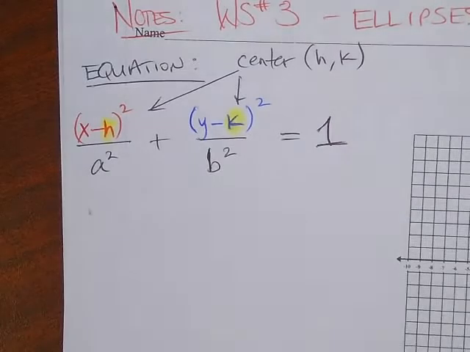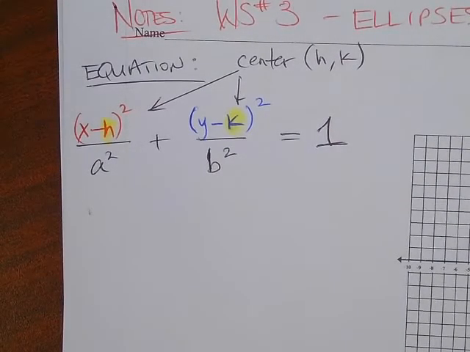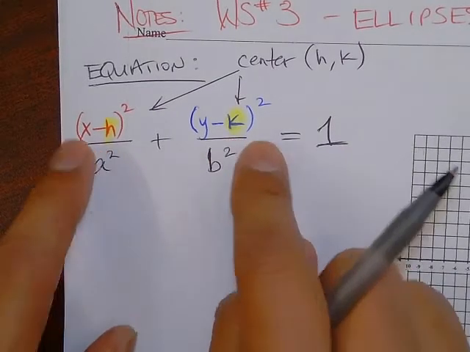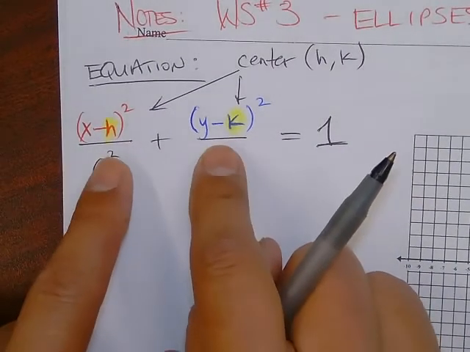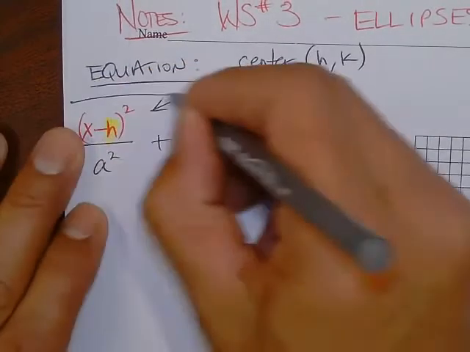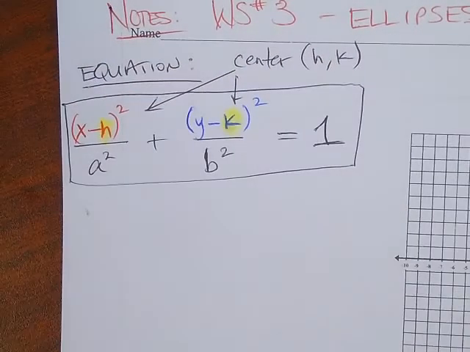And again, if you look at the worksheet from 2 days ago, those were the ones centered at 0, 0, and the ones yesterday had h and k like this. Once you have numbers here, they make sense, right? Okay. So here's what your equation should look like when you produce it.